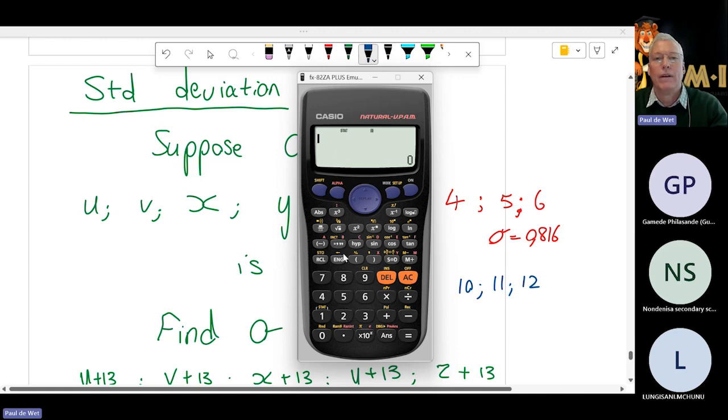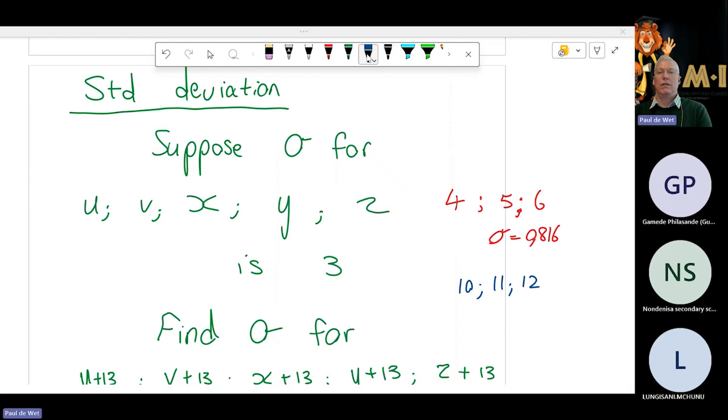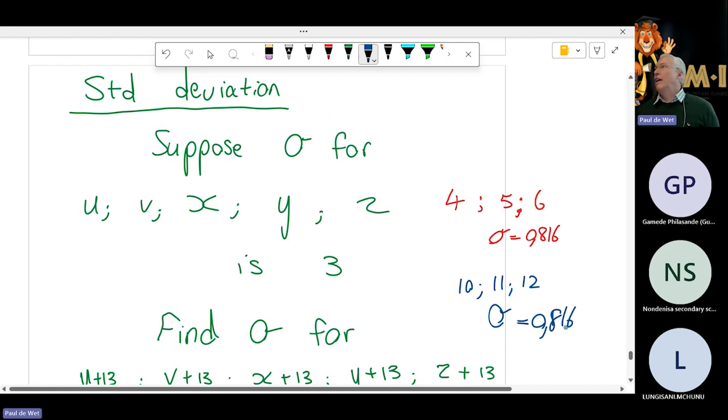Shift, stat, 4, 3. Sigma equals 0,816. Did it change? No.